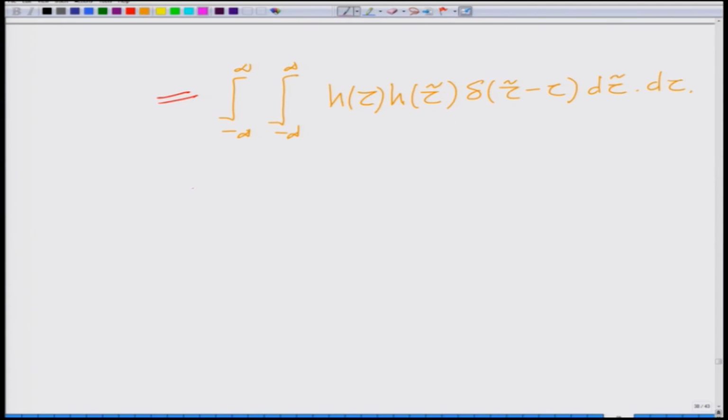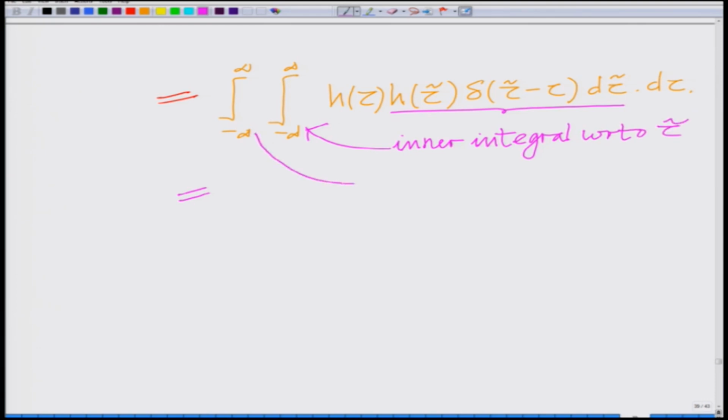Now, if you look at this, the inner integral is with respect to τ̃ and the outer integral is with respect to τ.